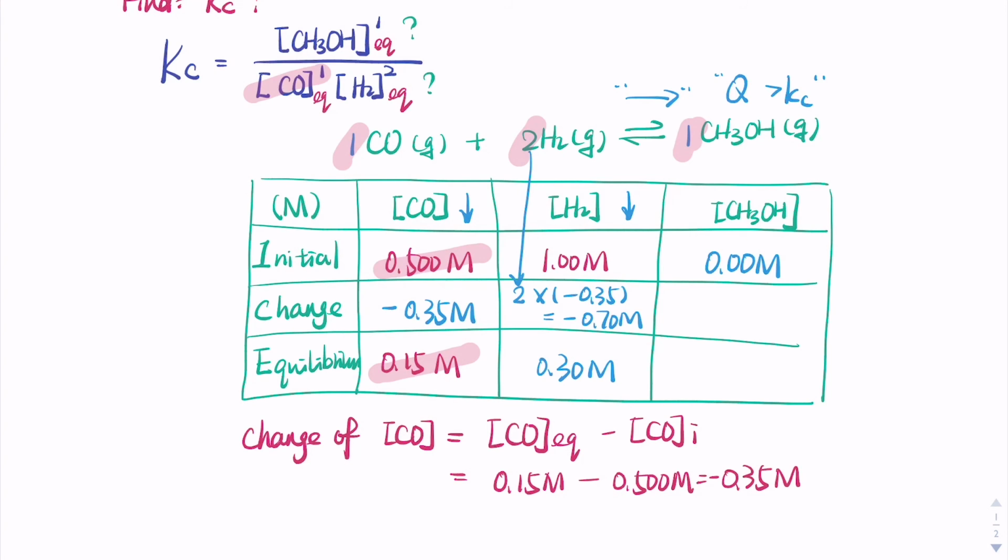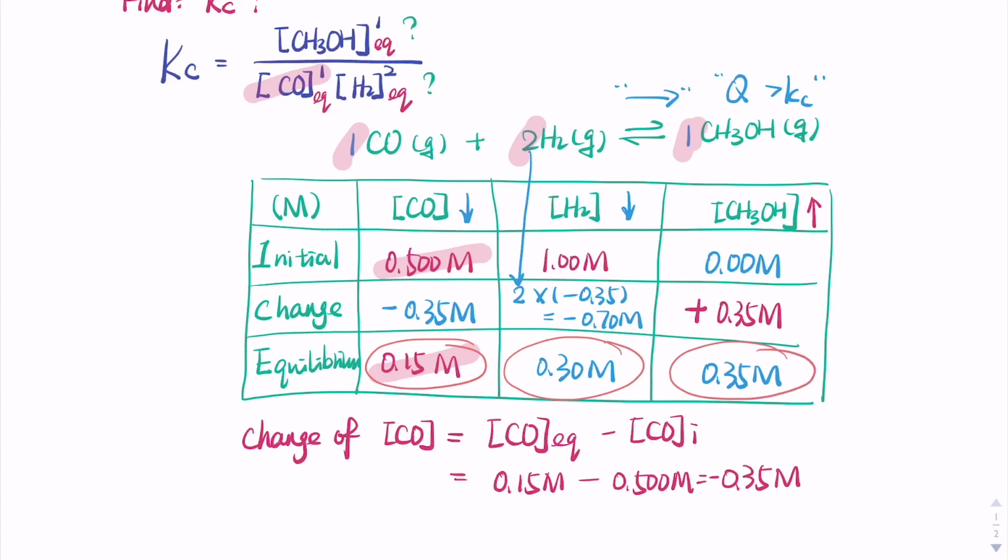However, the concentration of methanol, CH3OH, is gonna increase, so the change is a positive 0.35, because you're consuming the reactants and producing the product. Here at equilibrium this number is also 0.35. Now we just found the concentrations of each reactant and product at equilibrium.